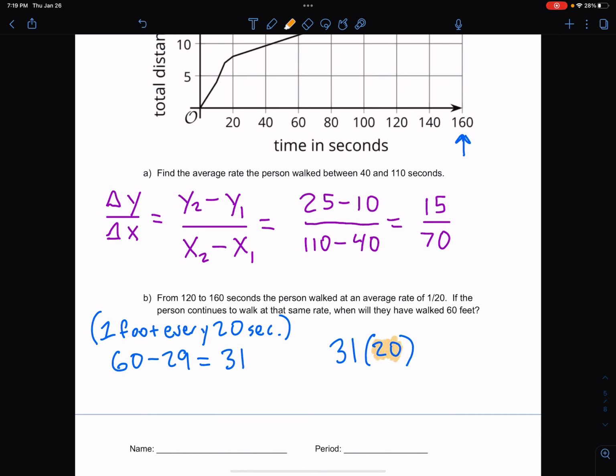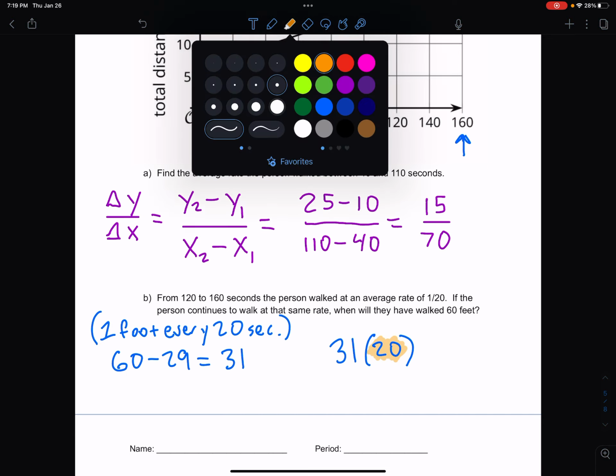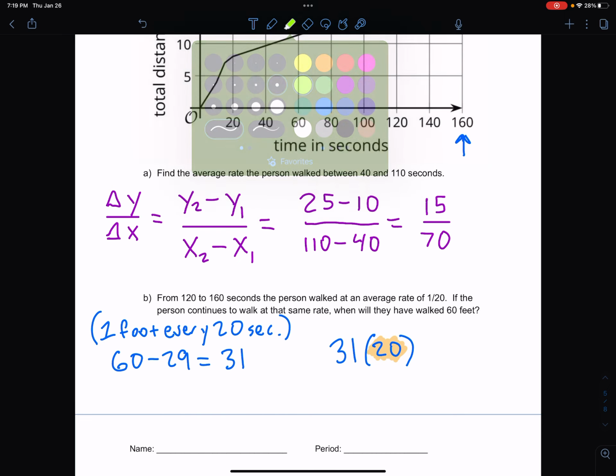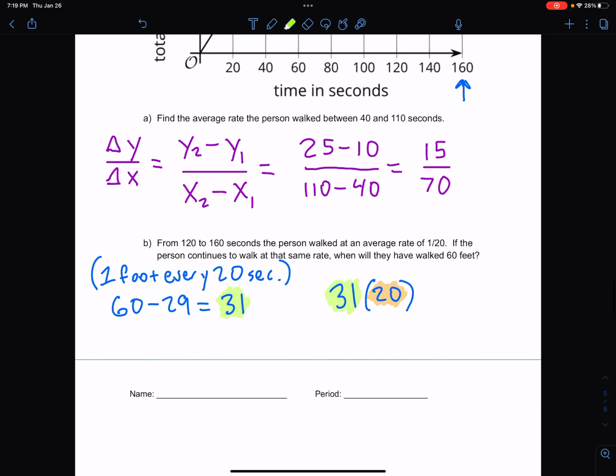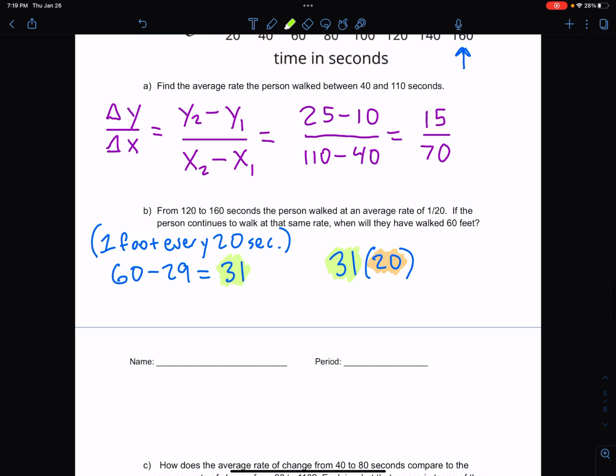They told me that they're walking 1 foot every 20 seconds when they said the average rate of change is 1/20. And the 31 came from how much further I need to walk to get to the 60. When I took 60 minus the 29 I already walked, I figured out I need to go another 31 feet, and it's going to take 20 seconds for each of those 31 feet. So I'm going to multiply those numbers together.